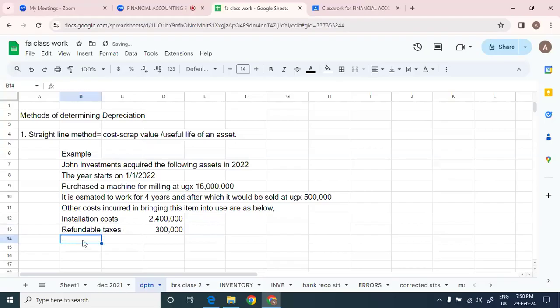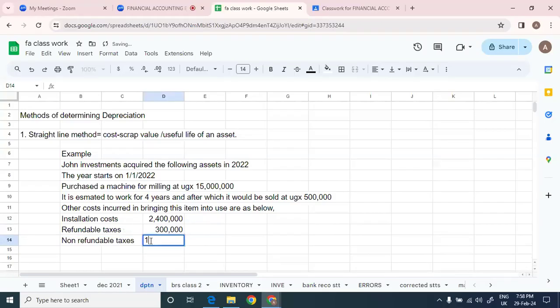They tell you of non-refundable taxes of 100,000. Another thing, let's stop maybe if they are these ones.